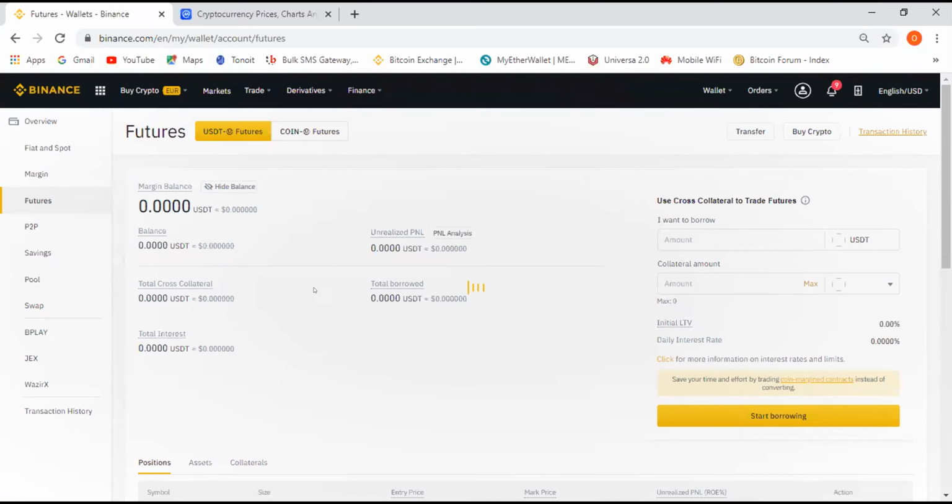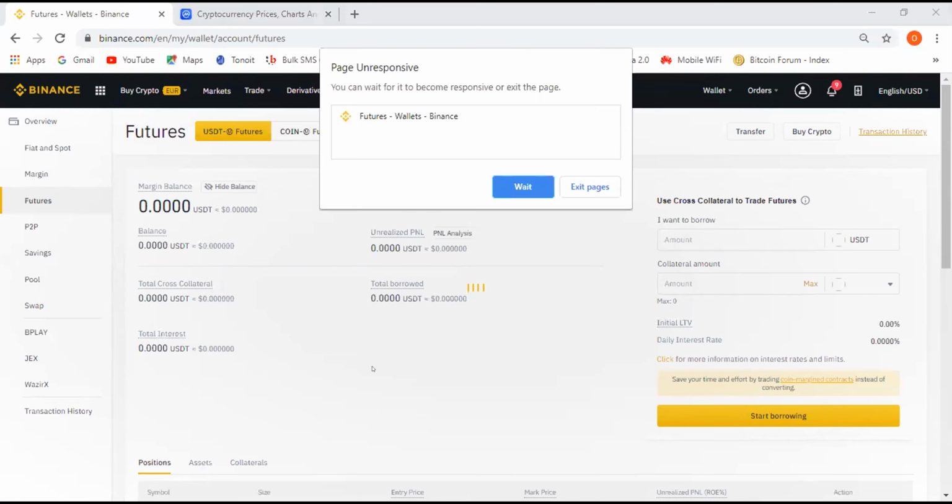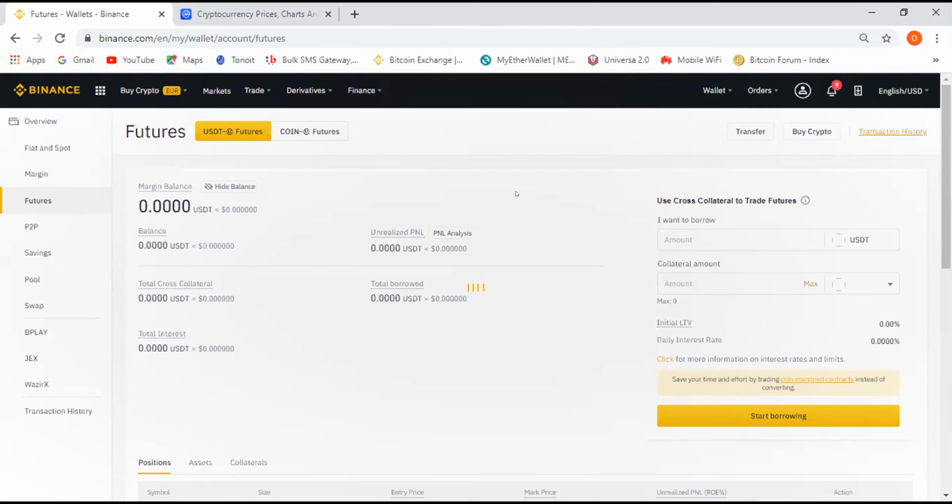On the phone, the money is already there. Let me quickly switch to the phone because the system is a little bit slow. The internet is slow.